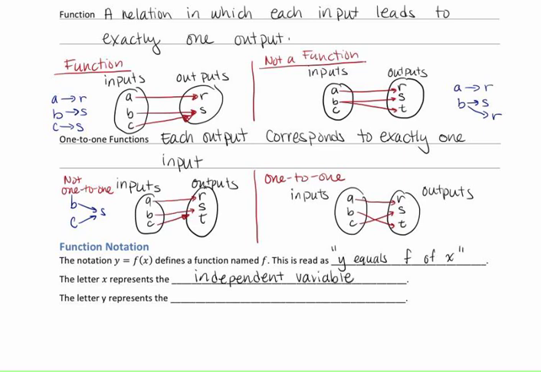The letter y represents the dependent variable. With that, let's look at the top of the second page of the notes for this section. Please bear with me while the pages zoom out and then zoom back in on the notes.